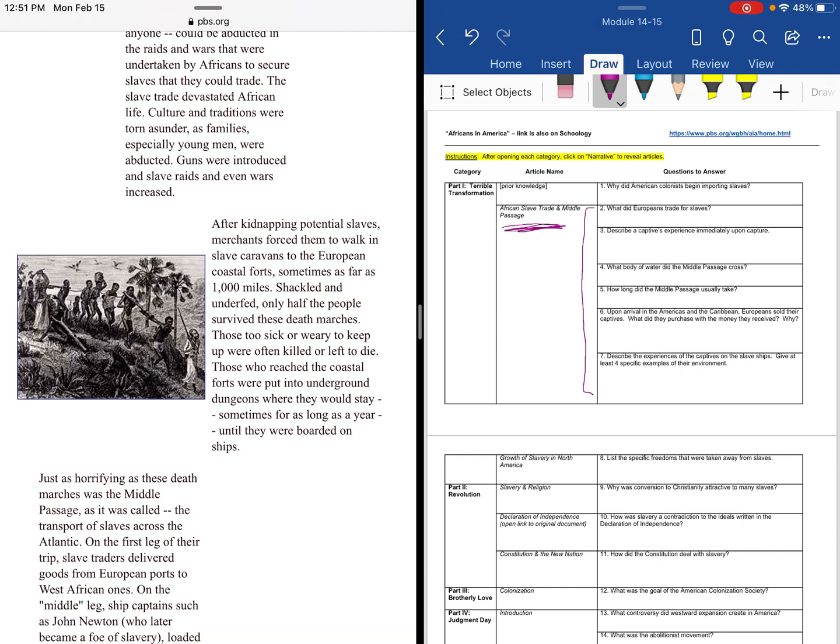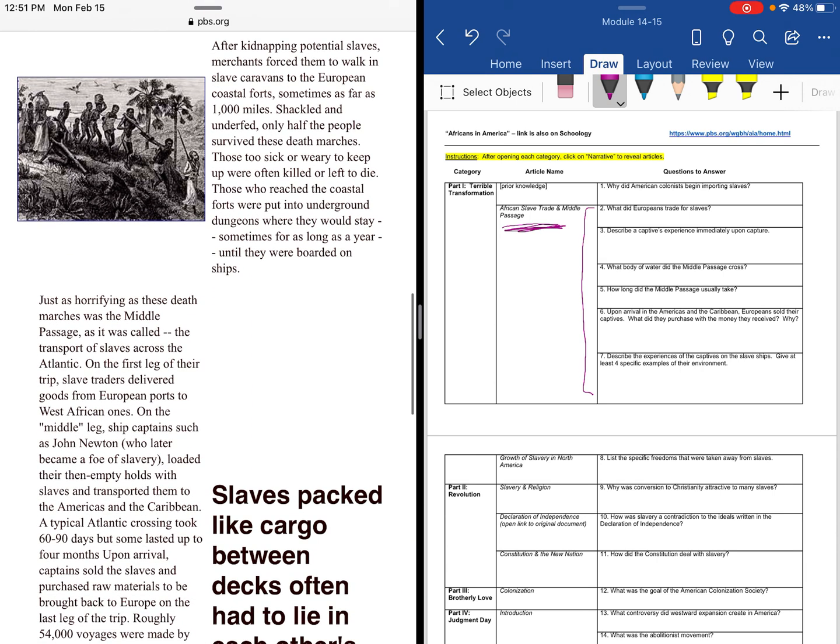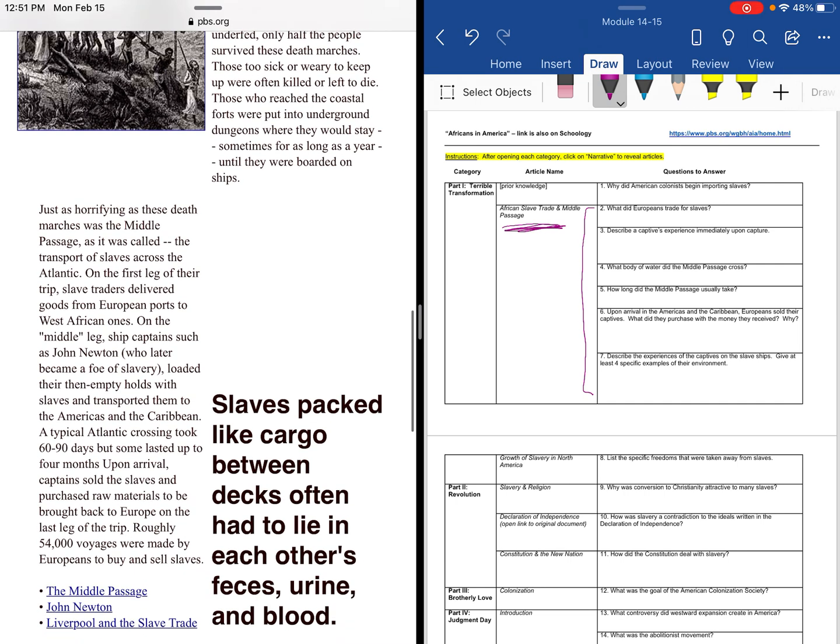I'm going to keep going now, and we'll look for the answer to number 4, what body of water did the Middle Passage cross? Just as horrifying as these death marches was the Middle Passage, as it was called, the transport of slaves across the Atlantic. And that's your answer there for number 4. On the first leg of their trip, slave traders delivered goods from European ports to West African ones.